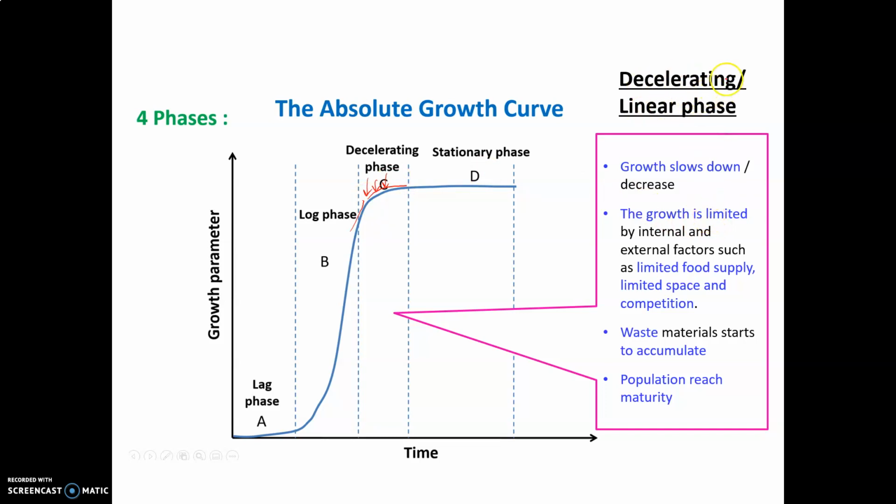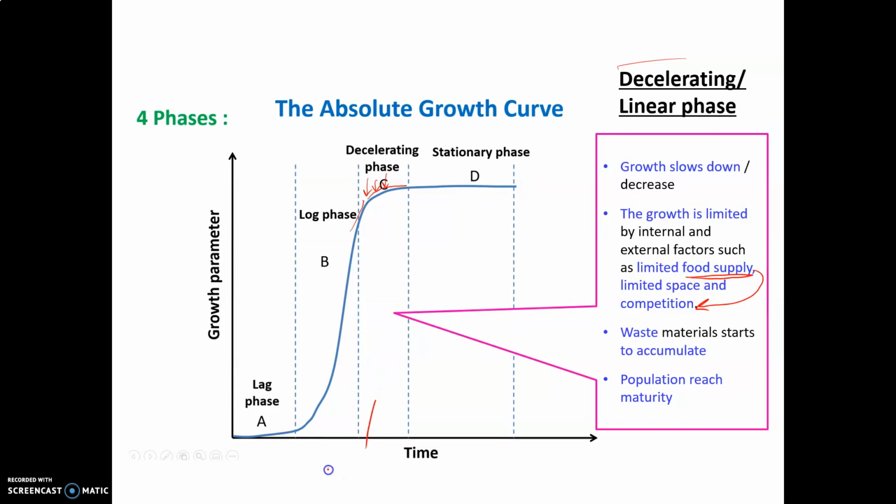And this phase kita panggil decelerating ataupun linear phase, ataupun I prefer you call it decelerating phase. Dia akan berkurang. Tadi accelerating, this one decelerating phase. The growth is now limited by the external factors. Contohnya, as I said, adanya limited food supply, adanya persaingan, in which leads to what we call intra-specific competition.